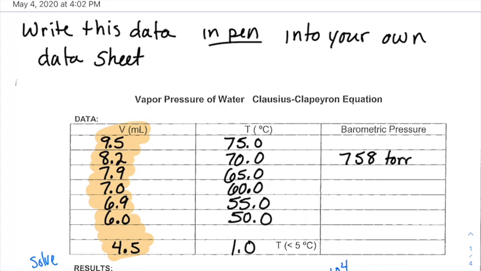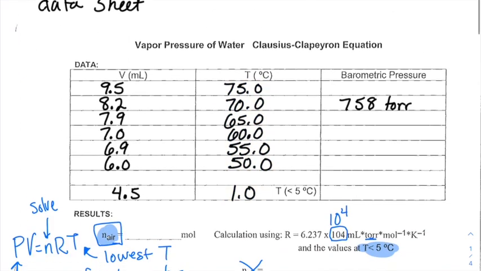It's normally pretty tough to get that reading because you're reading through the beaker to the graduated cylinder, and the graduated cylinder is hanging upside down, so it's a little challenging. For your temperature, you would take the temperature every 5 degrees until 50, and then get something below 5 degrees, and I've given you 1 degree down here as your temperature.